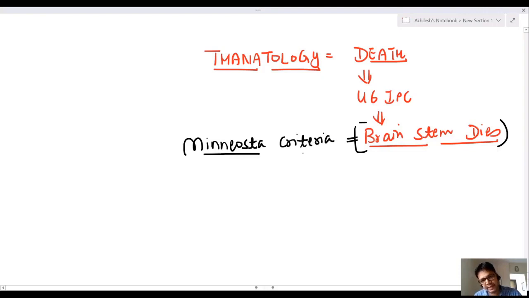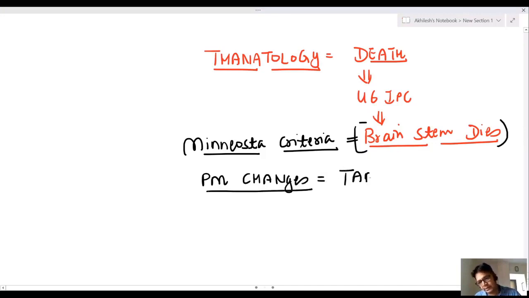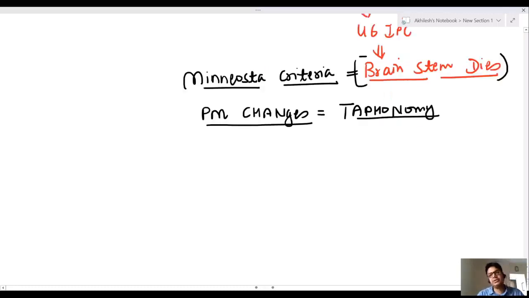Postmortem changes after death, this branch is known as taphonomy.